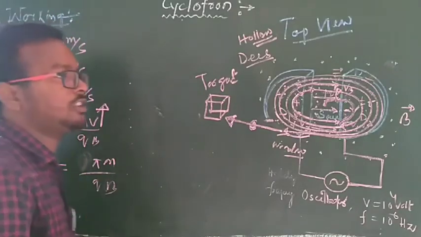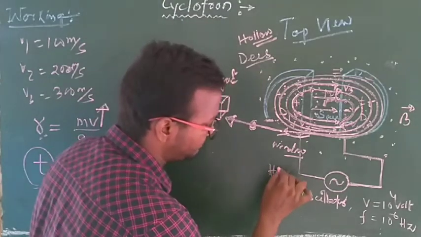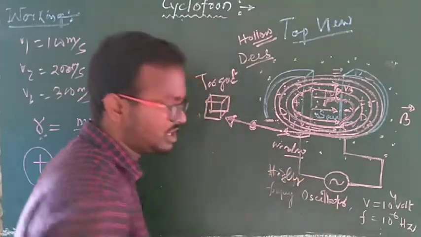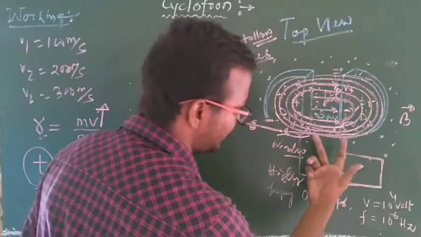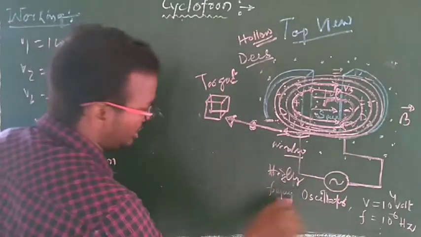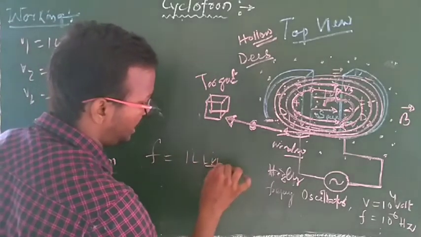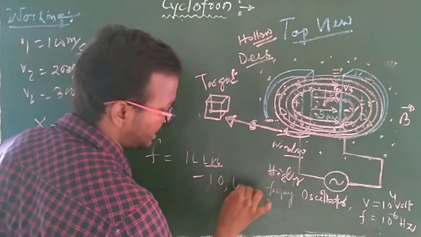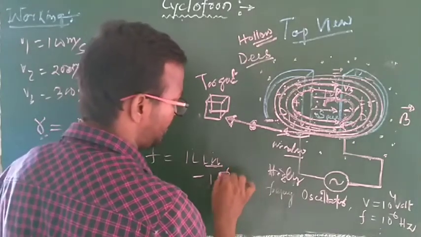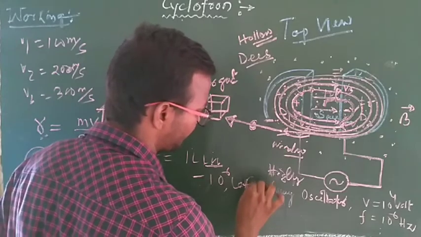Clear? So what is the working of the cyclotron? Cyclotron means we use a high frequency oscillator which can change its polarity. Suppose this oscillator frequency f equals 1 lakh to 10,000 lakh, that is 10 to the power 6 lakh hertz.